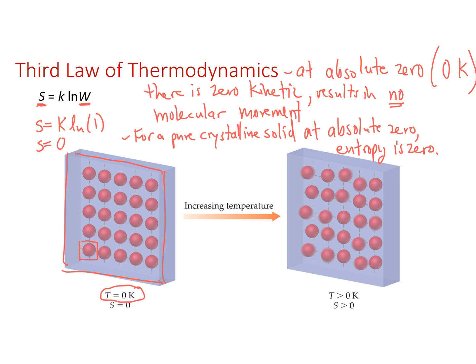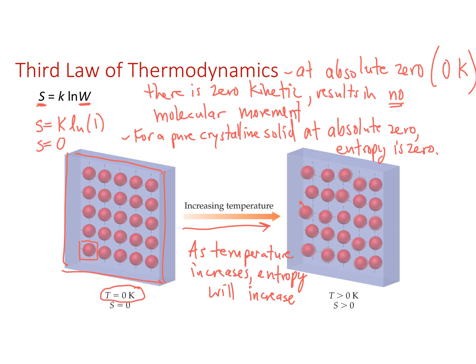And what that means is, if I raise the temperature from absolute 0, I would only expect to see an increase in entropy. So as temperature increases, entropy will increase. My molecular movements will start to increase.